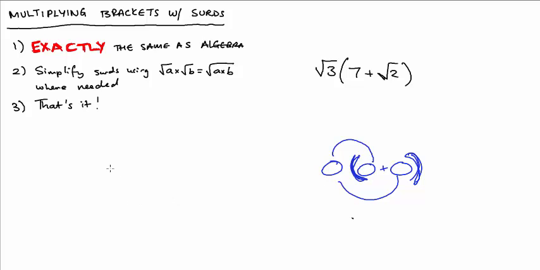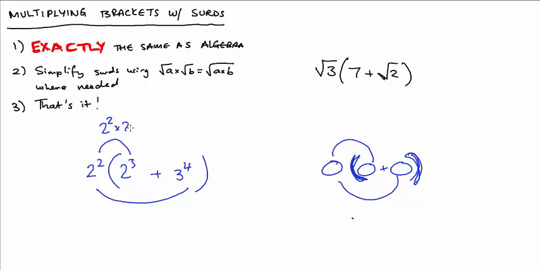It doesn't really matter. Even if I chucked in, say, powers, something like 2 to the 3 plus 3 to the 4, I'd literally be doing the same. I've never seen a question like this, but this one would just become that, so that's going to be more simplified down.